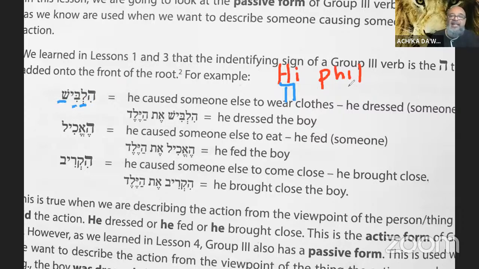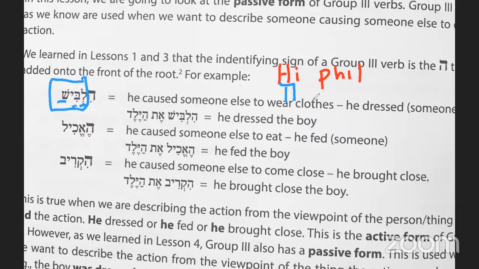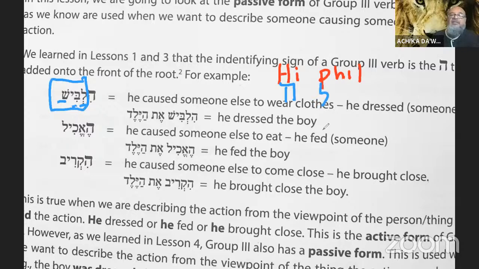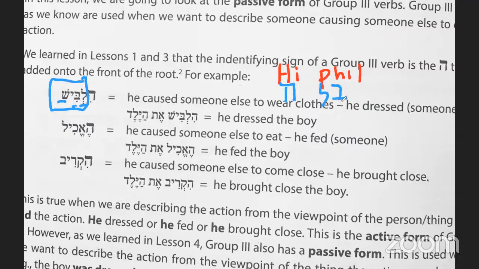We're going to place that underneath these letters. So what letter would go under the P? Out of these three letters, which one would come next after the H? The lamed. Okay, so let's put a lamed here. What would be the next letter? The bet. Thank you. And then what's the next letter?